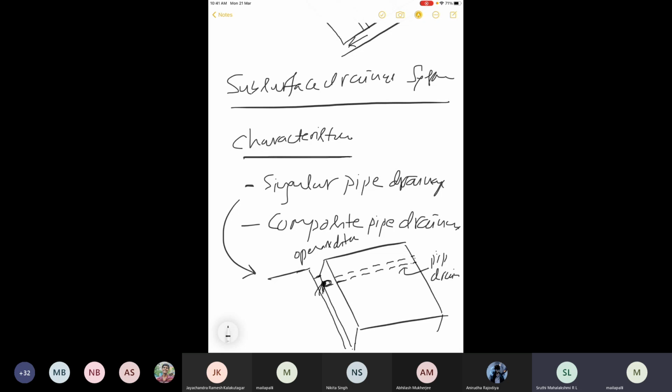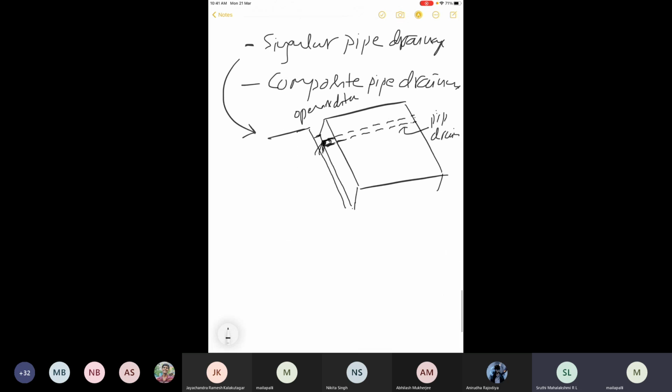This is called a singular pipe drainage system. Whereas in a composite pipe drainage system, the discharge from the individual pipes goes to another pipe. It's not an open ditch, but a pipe. Let's see how that looks.